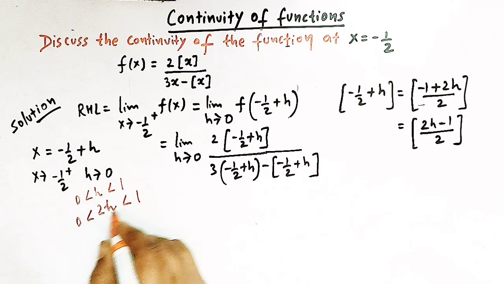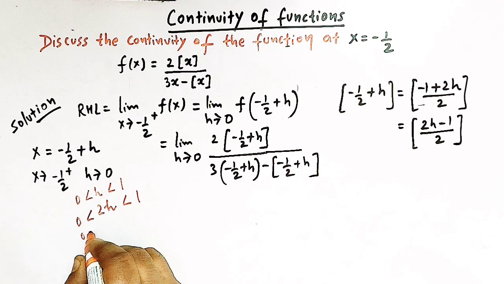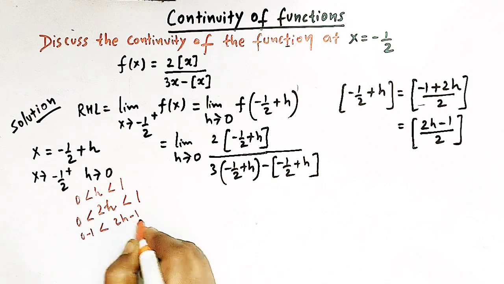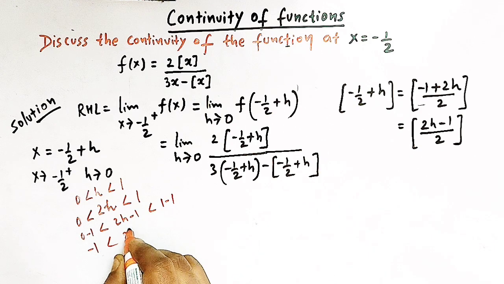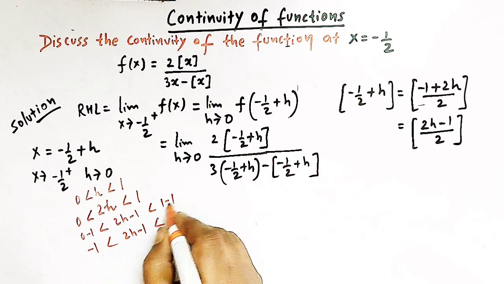Now let us subtract 1. So we have 0 minus 1, 2h minus 1, and 1 minus 1, that is minus 1, 2h minus 1, and 0.